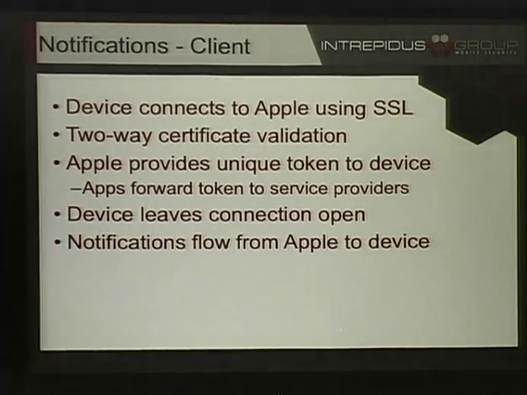That connection remains open as long as you've got connectivity. It sends a note through that connection that says, hey, I'm Twitter, I need push notifications. And Apple sends back a 32-byte long token and says, okay, here's your address. Then the app goes back to the service provider, in this example Twitter, and says, hi, I want notifications for Schuetz, here's my token. And then notifications go from Twitter to Apple and then down to the device using that token.